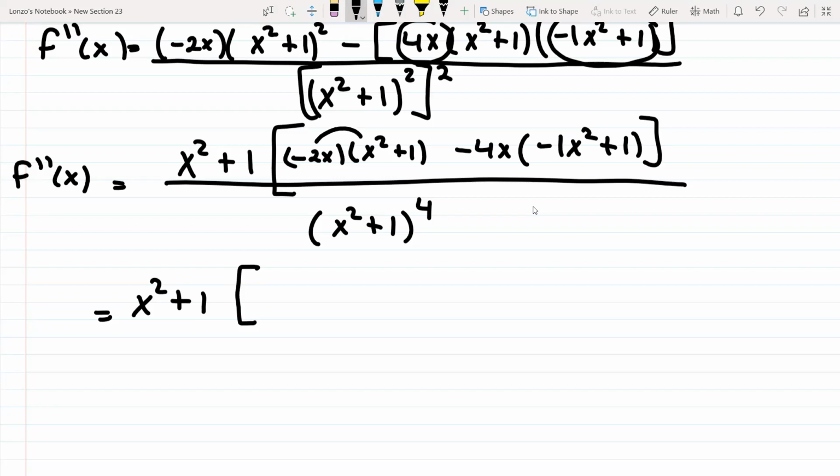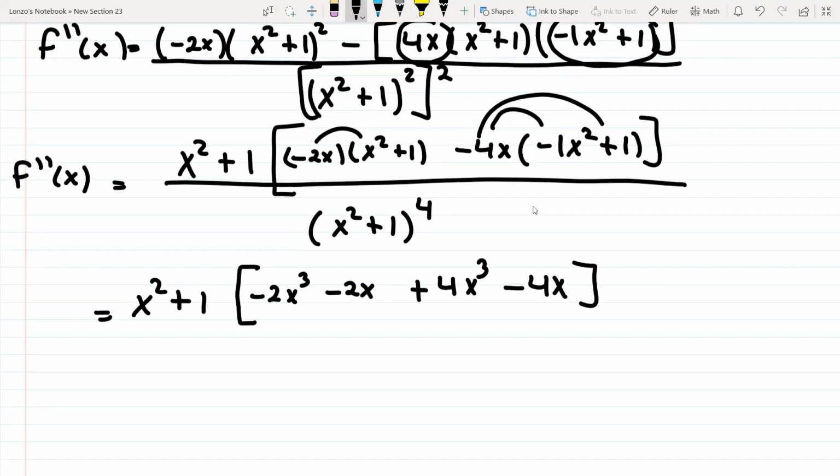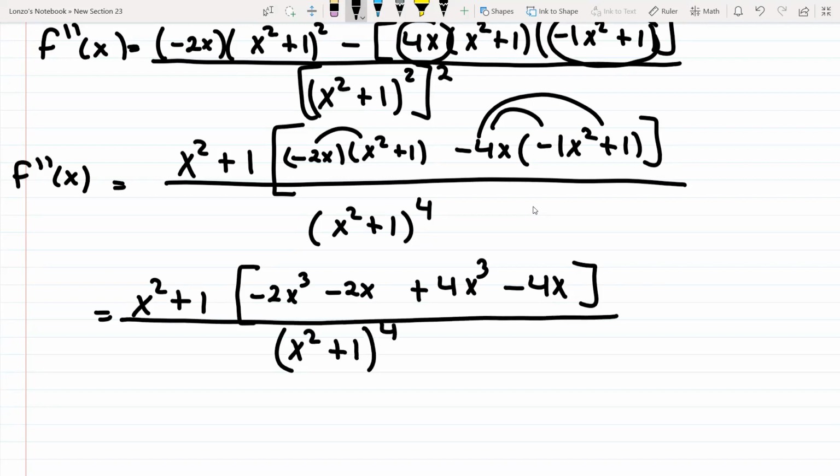So FOIL negative 2x squared times x squared is negative 2x cubed. Negative 2x times 1 is negative 2x. This would be positive 4x cubed, and then this would be negative 4x, all over x squared plus 1 raised to the fourth.